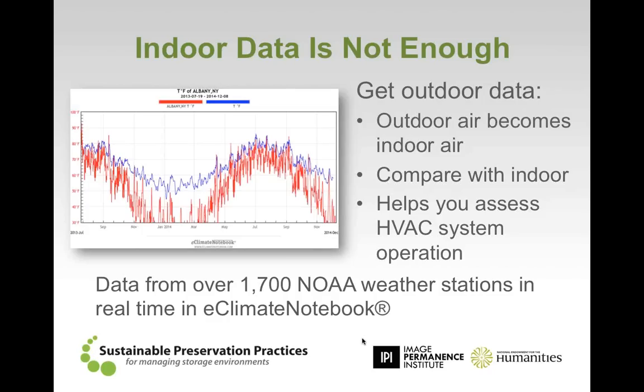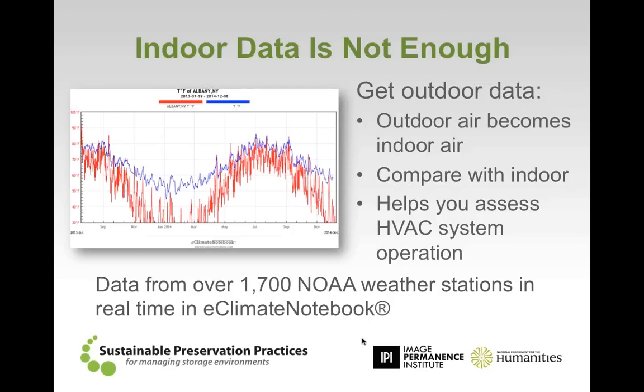So that outside air becomes your indoor air, and you want to compare what's going on outside to what's going on inside so you can see exactly how your HVAC systems are handling the change, how they handle the seasonal change, what kind of air it's bringing, whether it's not humidifying.